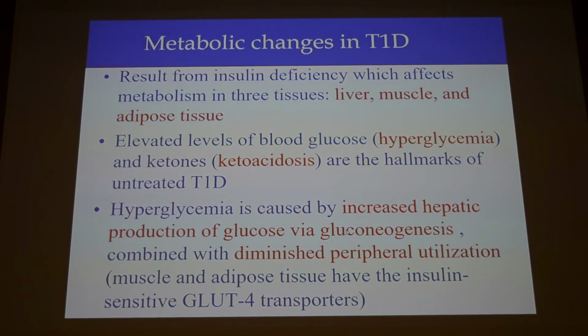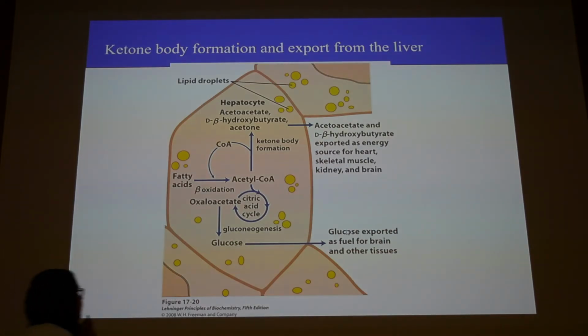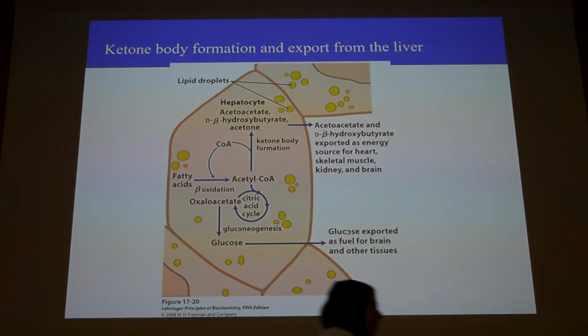So the blood sugar will go up and up, okay? So the sugar in the blood is not being used by the periphery, by the muscle cells and adipose tissue, and the liver keeps on making sugar. This is what will cause the hyperglycemia. And all of that because we don't have insulin. So this is regarding the hyperglycemia.